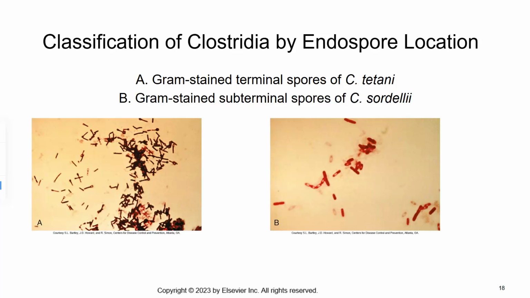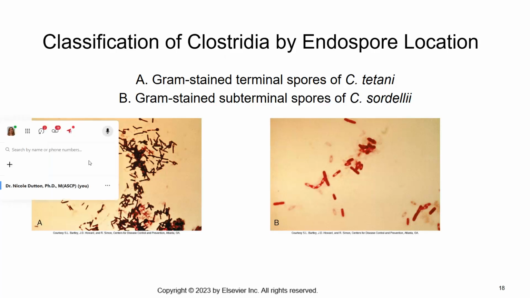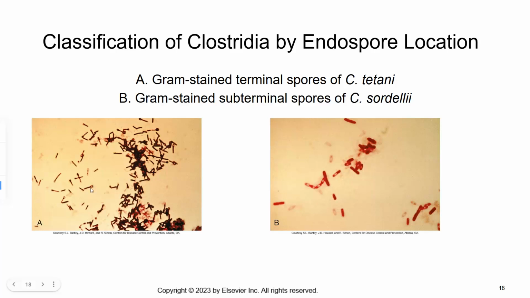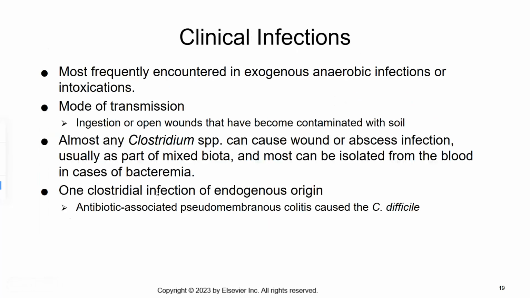So terminal spores, C. tetani, so you'd see the spore at the end of the bacterium, while C. sordellii has it in subterminal, so just before the end. You could see there's bacterial cell, spore, a little bit more bacterial cell, while in this instance over here, they're all the way at the tip.